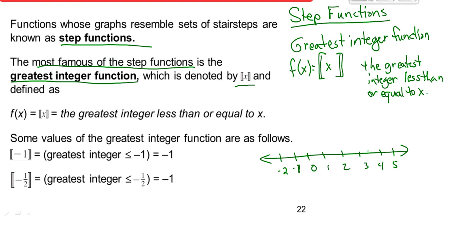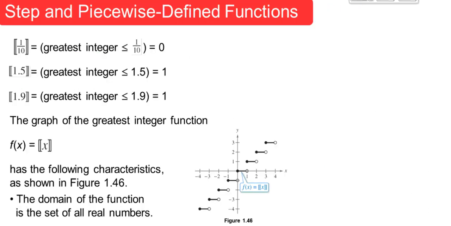If it's at 3.5, we know the greatest integer is 3. But if it's at -1/2, right here, the greatest integer is actually the previous one, which is -1. So it's backwards like things often are with negatives as we look at it.